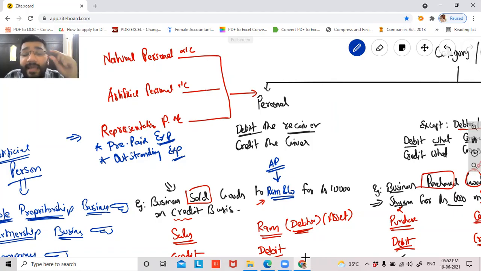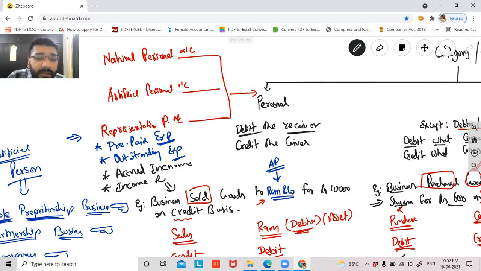So if you prefix anything to income and expense as prepaid, outstanding, or accrued income, or income received in advance, then they don't carry the flavor of income and expenses anymore.